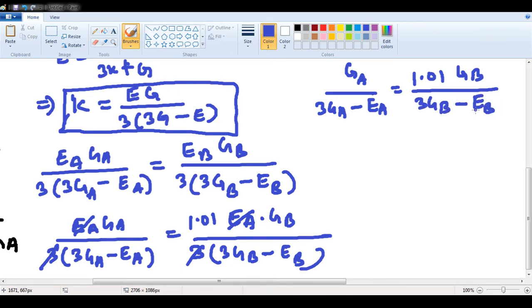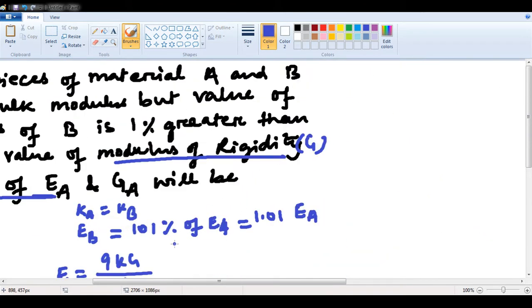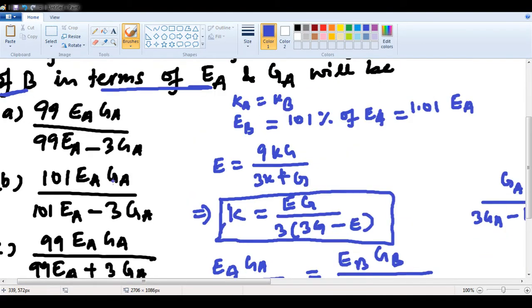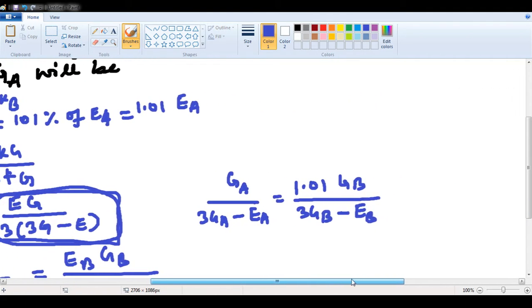minus EB. Now if you see, everything is in terms of G and E, and that is why we have converted this, we have brought it in the form of E and G, right? So now what you do is, you keep simplifying.